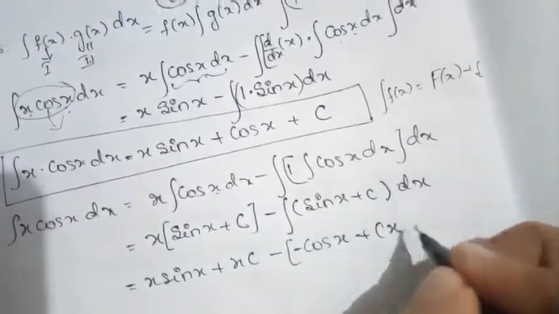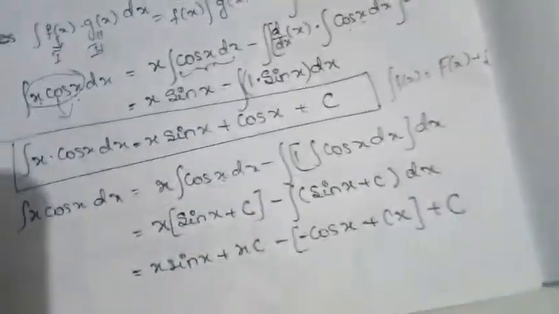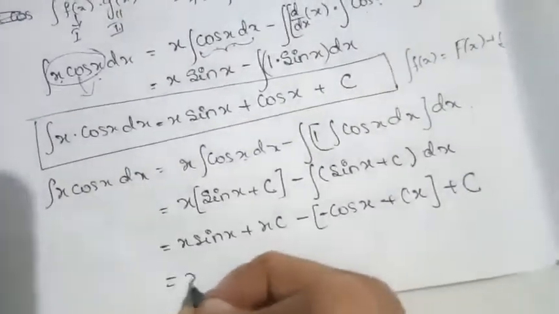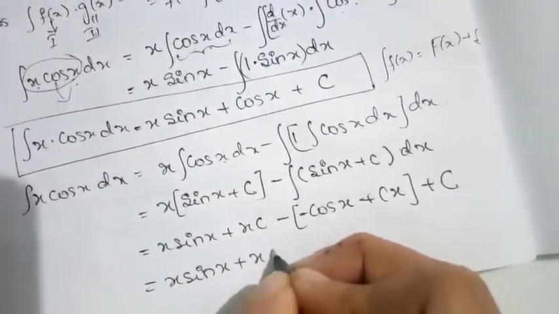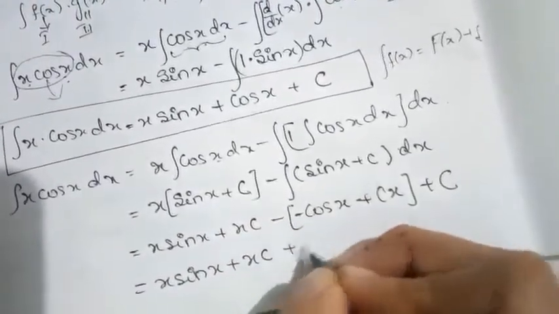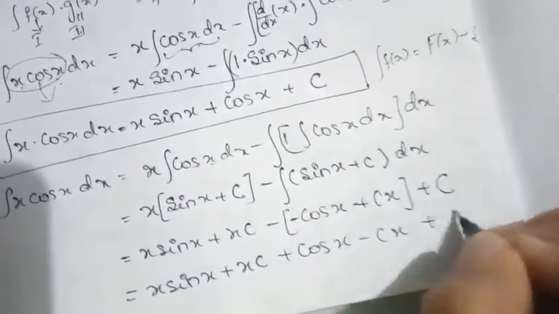It is cx plus again c. So what happens? x sin x plus xc minus into minus plus cos x minus cx plus c.